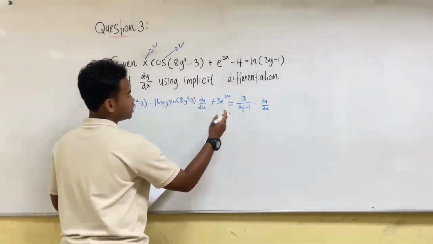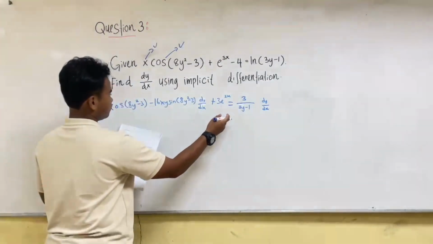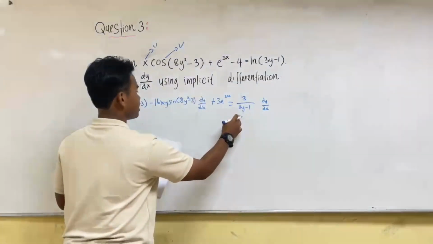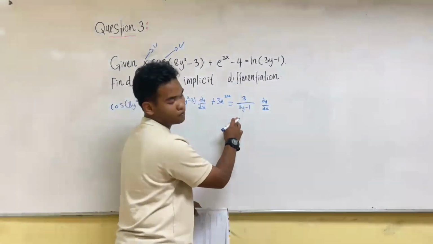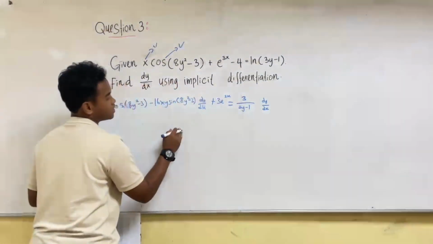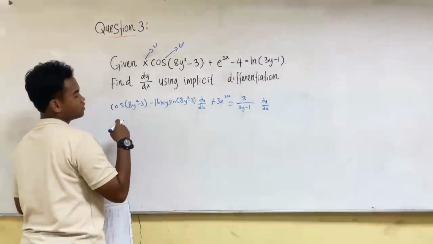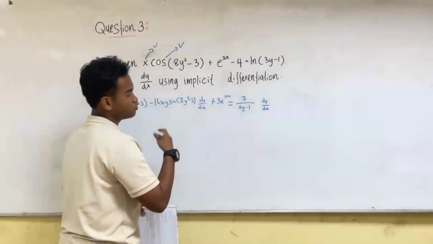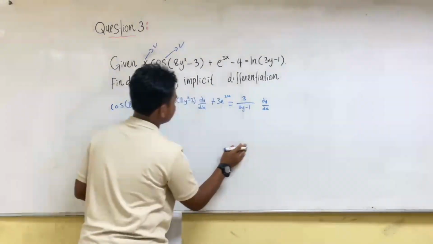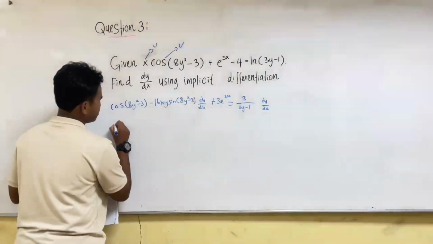We will move the 3 over 3y minus 1 times dy/dx to the left side, and all the terms that don't have dy/dx we will move to the right side. Okay, so the equation will be like this.